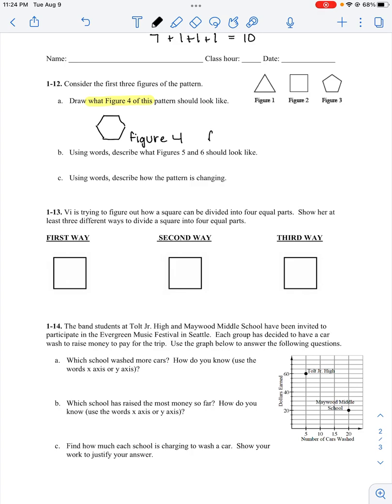What would figure 5 look like? Okay, for part B, using words, well, what's 5 going to look like? Figure 5 will have, if 4 has 6 sides, 5 is going to have 7 sides.